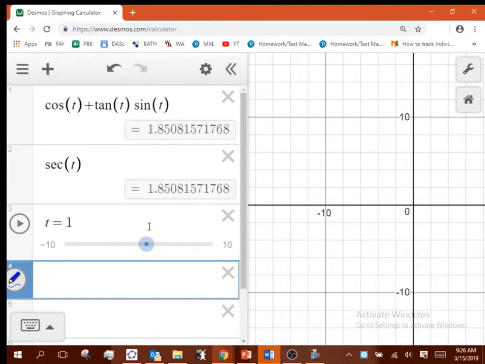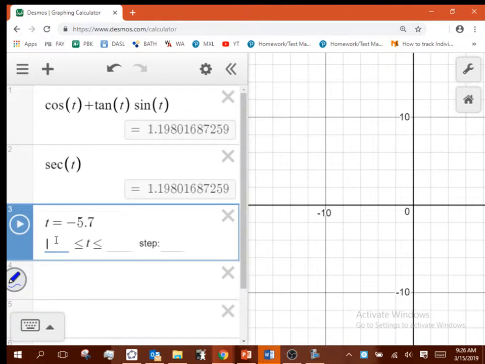But I'm going to evaluate both of these at the same value. And my hope is that the output I get back is the same for any value that I choose, right? The idea of this thing being an identity is that no matter what you choose for your input, your output is always the same, right? For both sides.